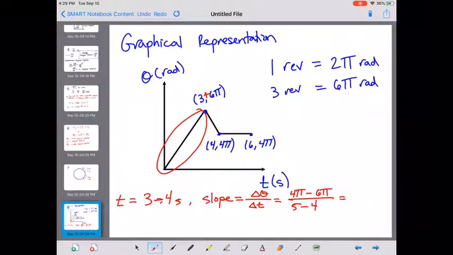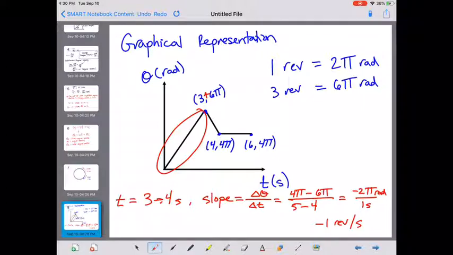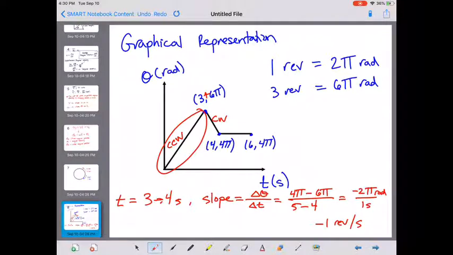So I'm going to get negative 2 pi divided by 1 second, which tells me that I'm rotating negative 1 revolution per second. So in this case, here I'm rotating counterclockwise, here I'm rotating clockwise, because that angular velocity is negative.